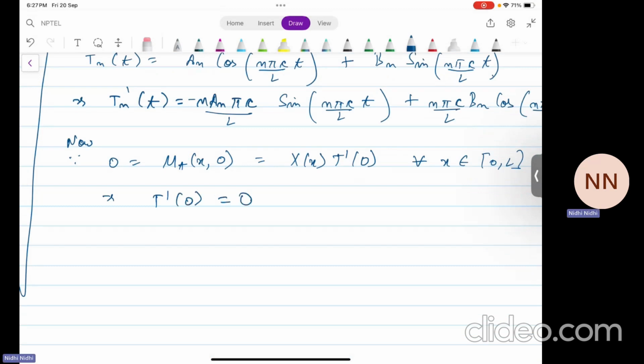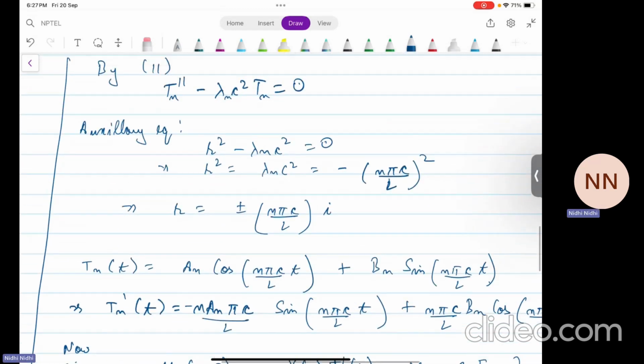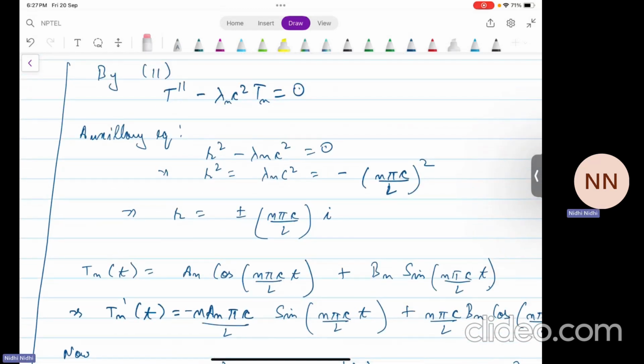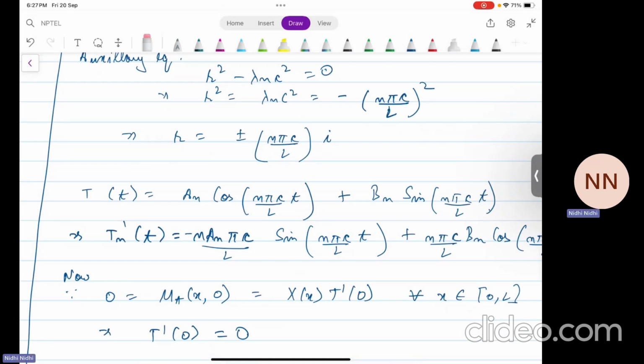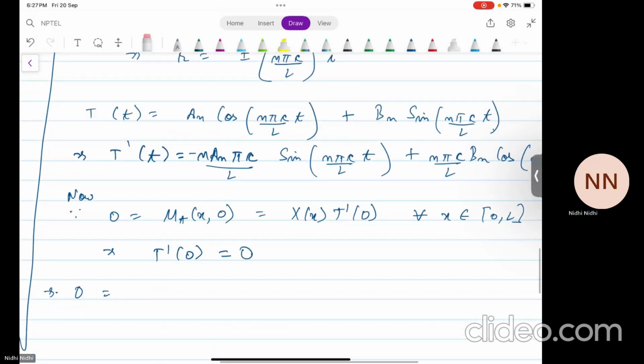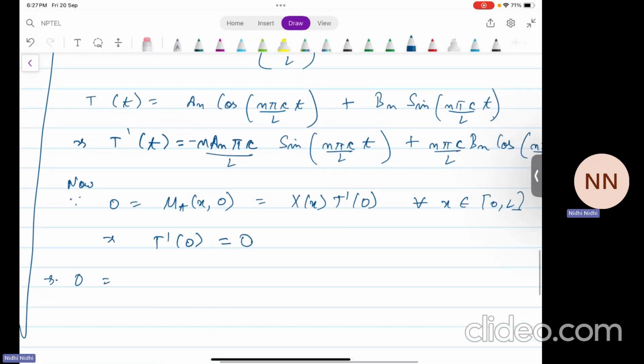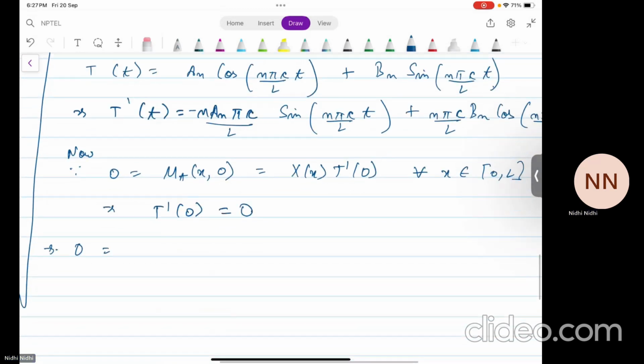Now what is T dash at 0? T dash at 0 is n pi c by L bn.